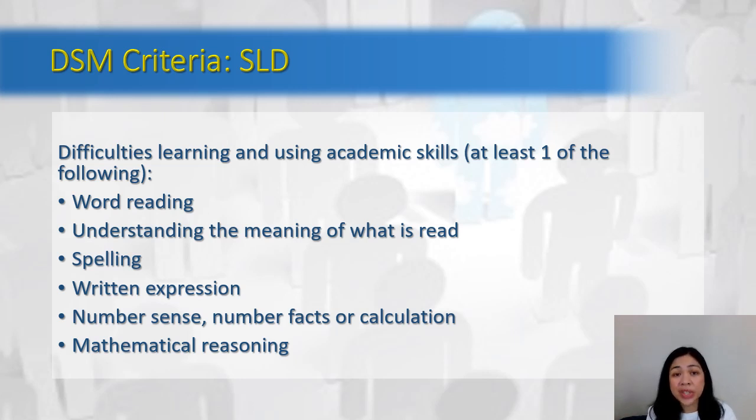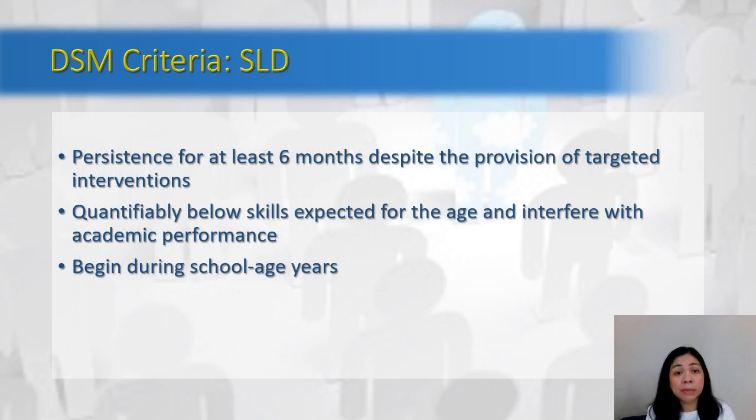It can be word reading, understanding the meaning of what is read or reading comprehension, difficulty in spelling, written expression, number sense, number facts or calculation, and mathematical reasoning. There has to be persistence of at least 6 months despite the provision of targeted interventions. This is very important in diagnosing specific learning disorders.